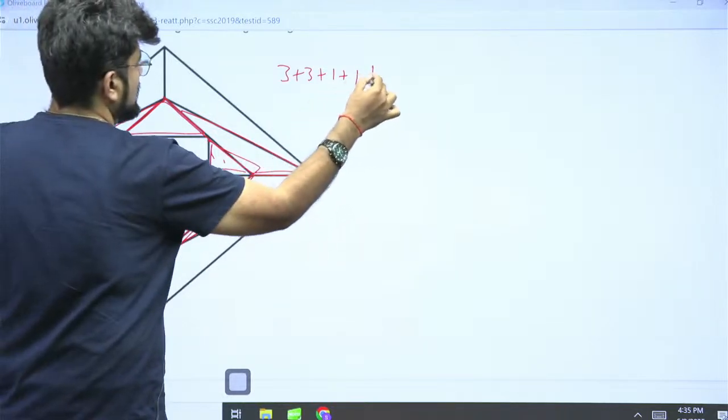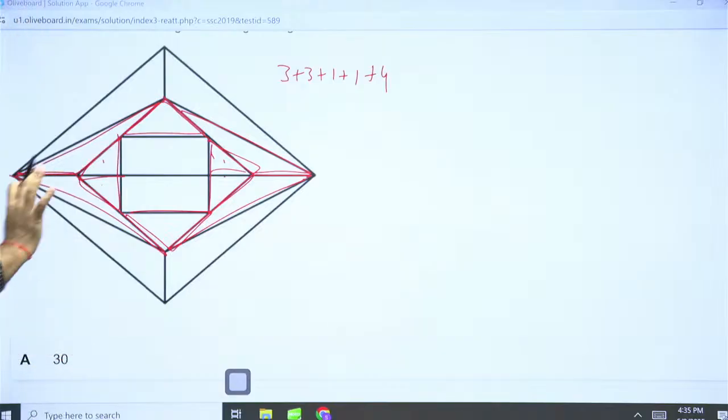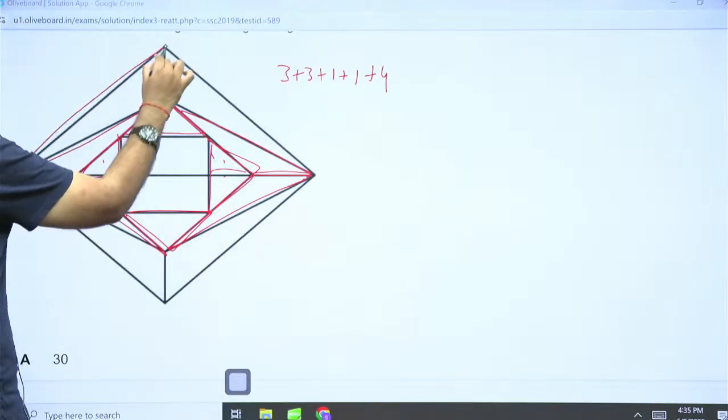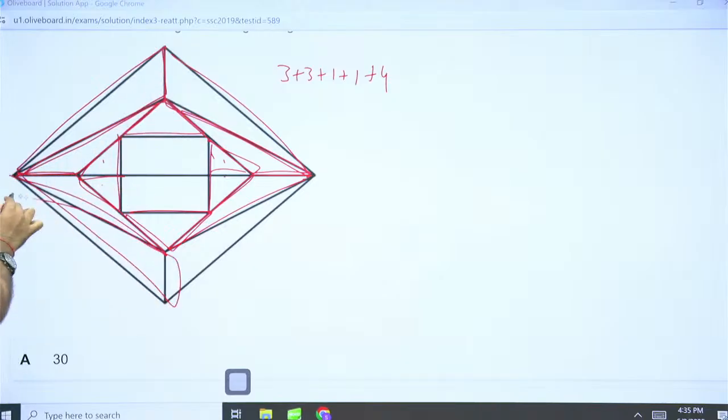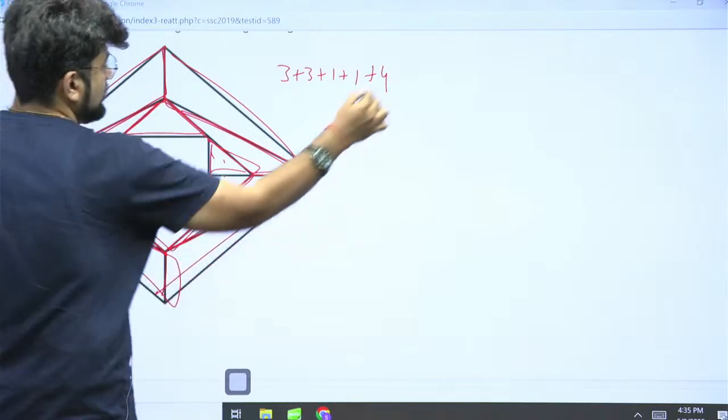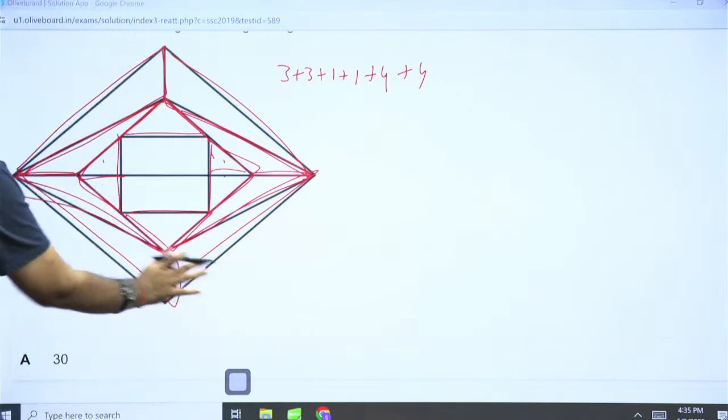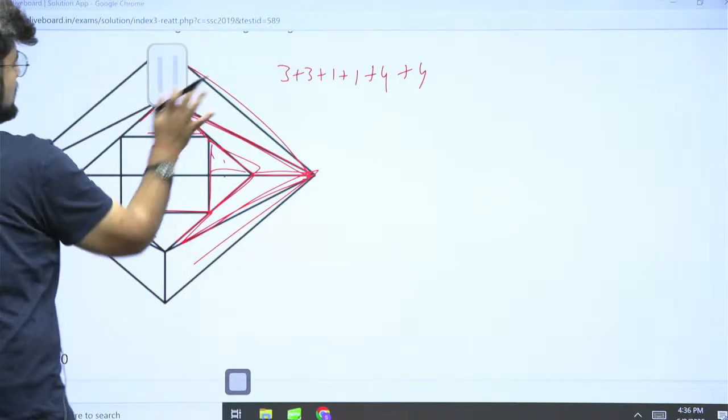So we have 4 more. I am not taking the combos as of now. Again, 1, 2, 3, 4. We have 4 more. Now let's erase it completely. Okay, so we are done with the single triangles now.